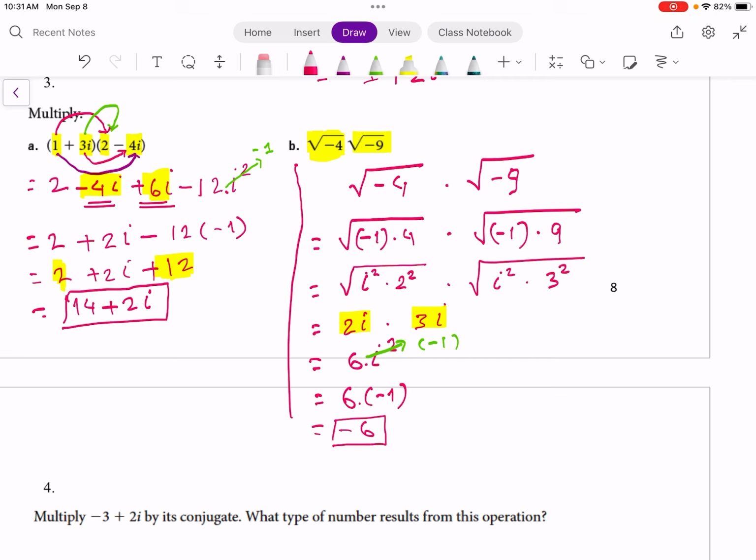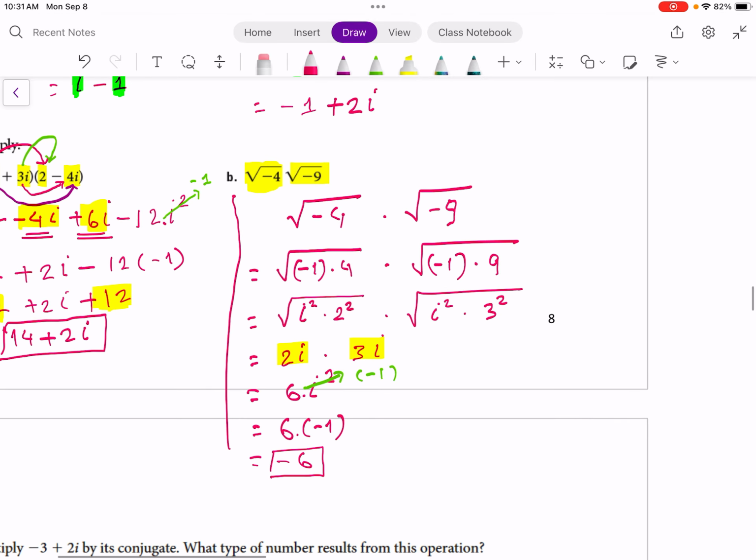Now, how would you multiply if we had something like the square root of 2 times the square root of 3? What is the product? These are irrational numbers, or radical numbers.